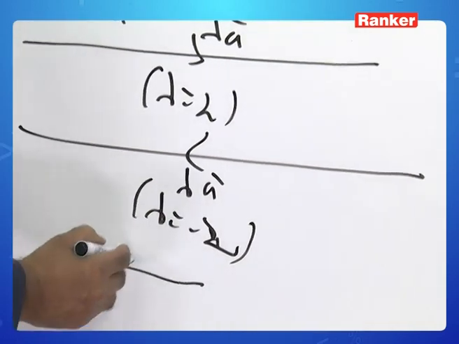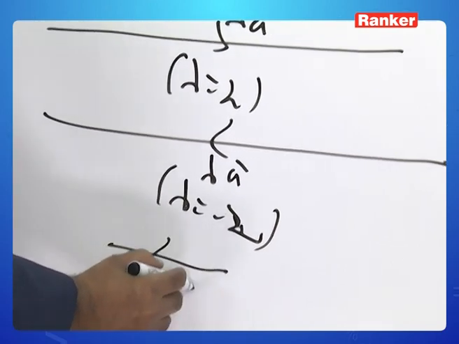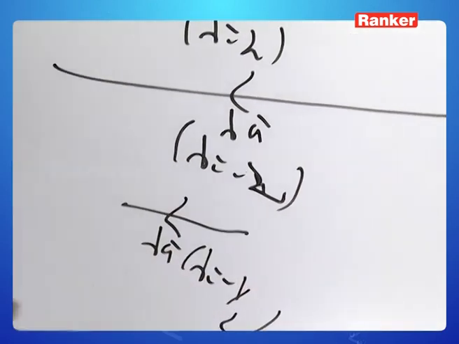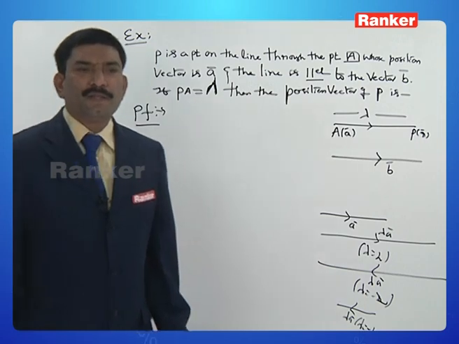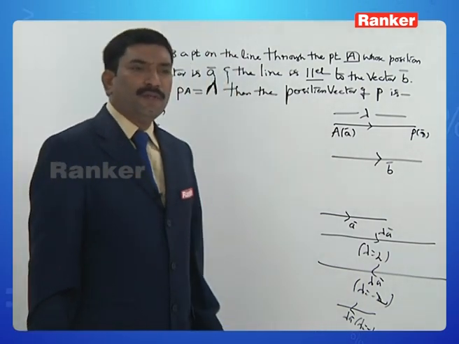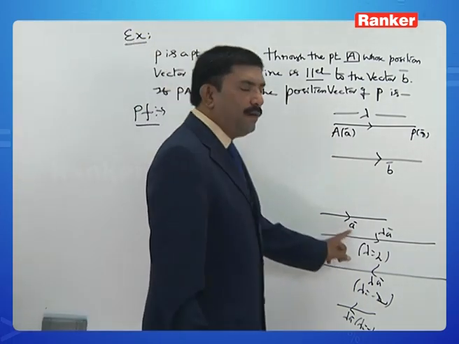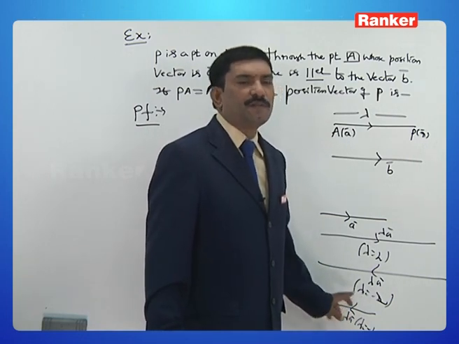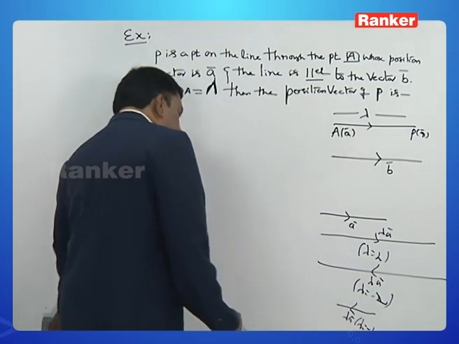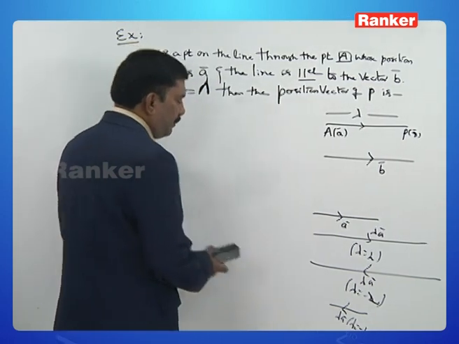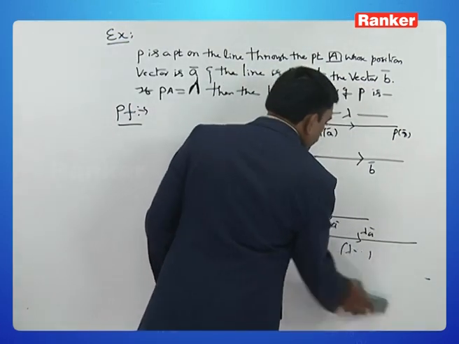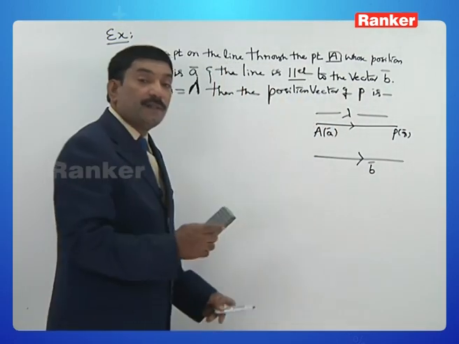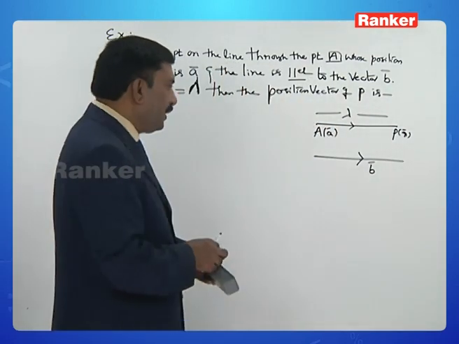These are all scalar multiplication of vectors, so if you multiply any scalar with a vector, it is once again a vector quantity.